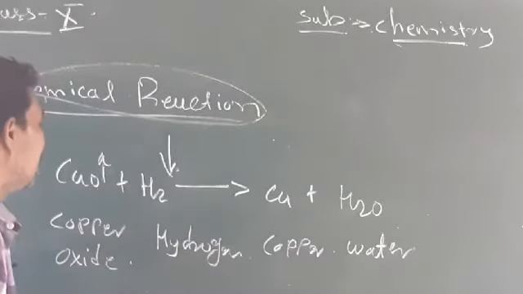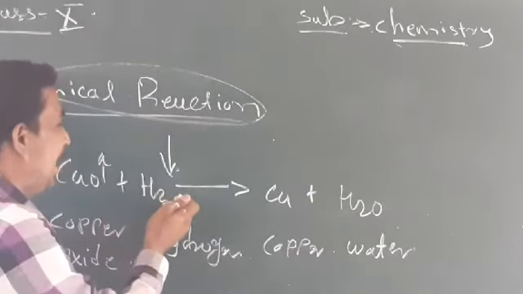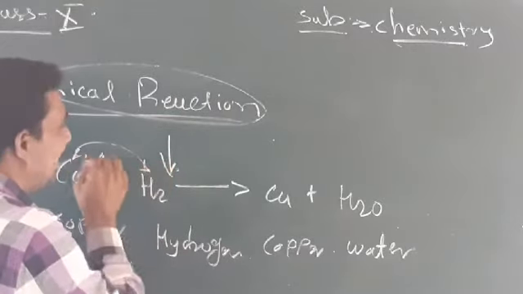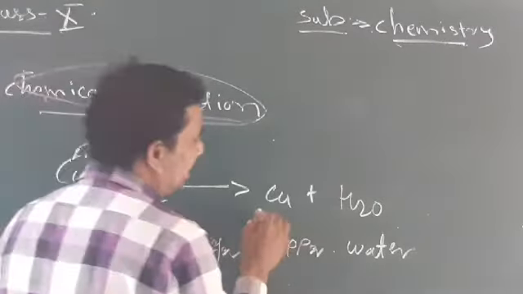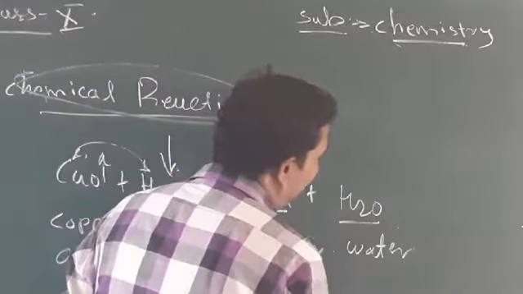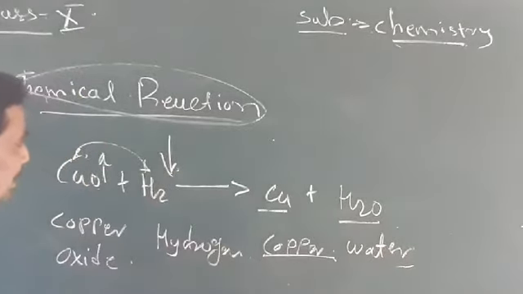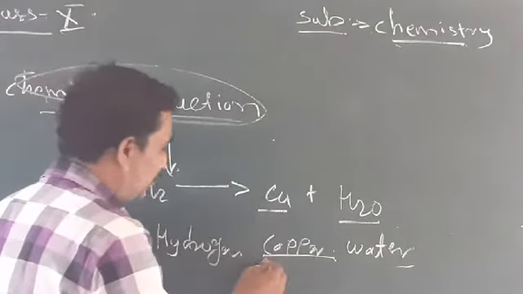When hydrogen and copper oxide react together, the products formed are copper and H2O, that is, water. One product is water and the other is copper.